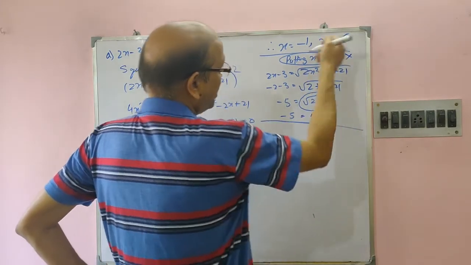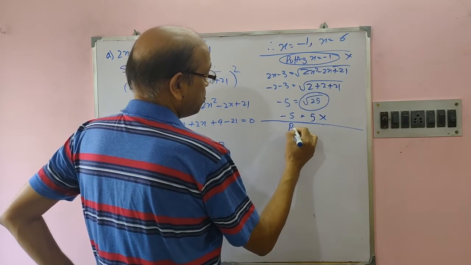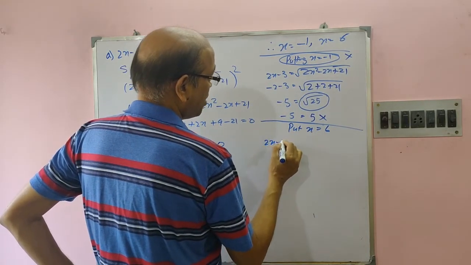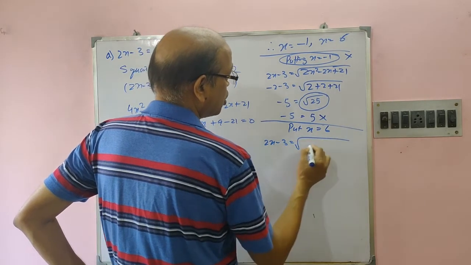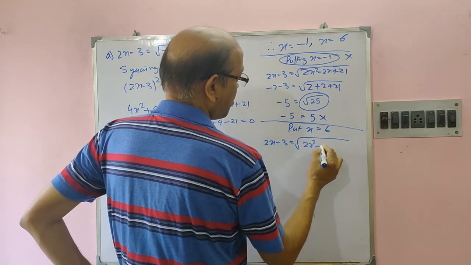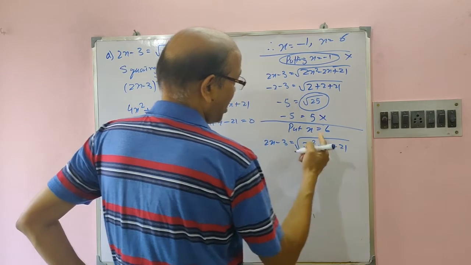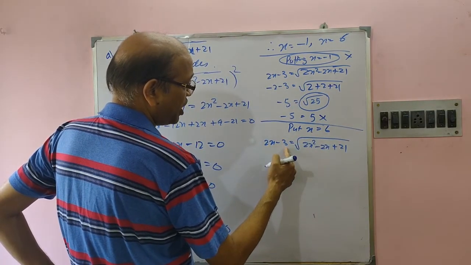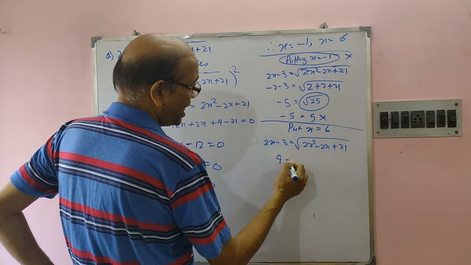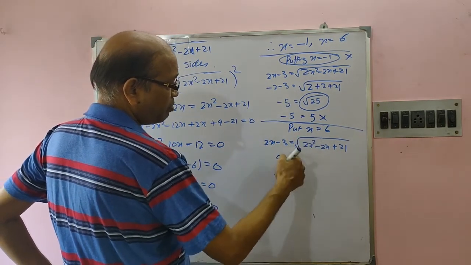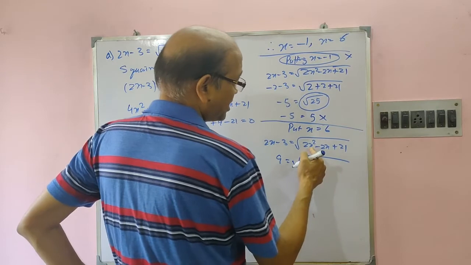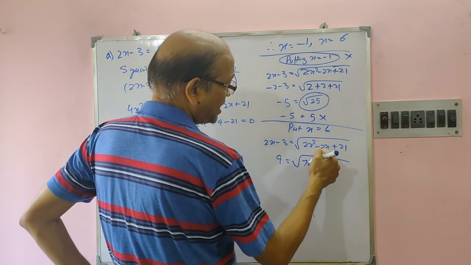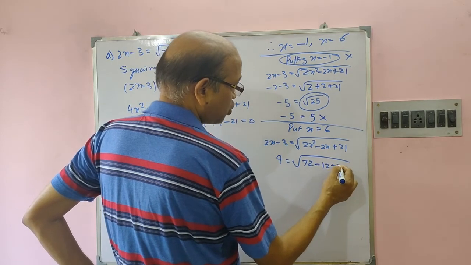Let us try with x equals to 6. Put x equals to 6. 2x minus 3 is equals to root of 2x square minus 2x plus 21. Now putting 6, 2 sixes are 12, 12 minus 3 is 9. Now putting 6, 6 squared is 36, 36 twos are 72, minus 6 twos are 12, plus 21.